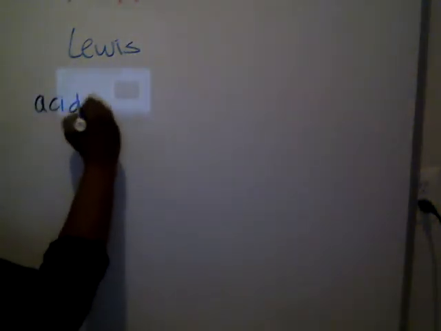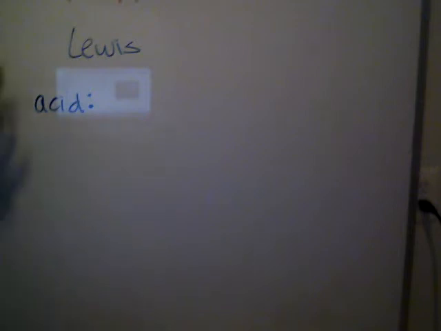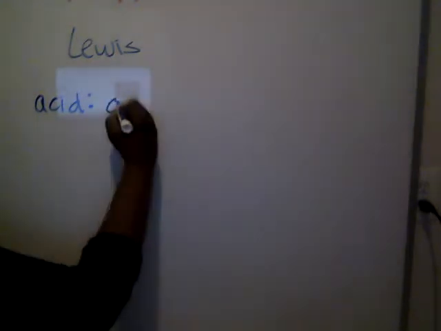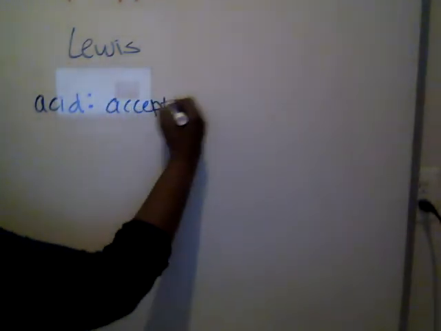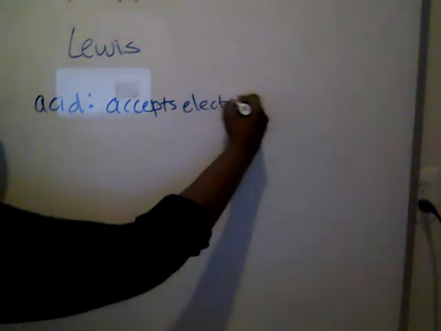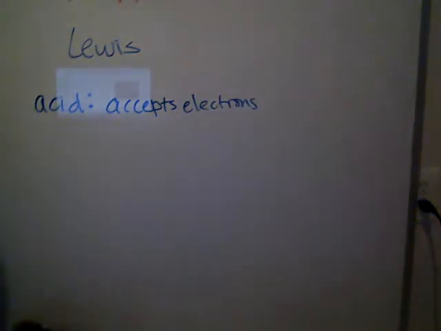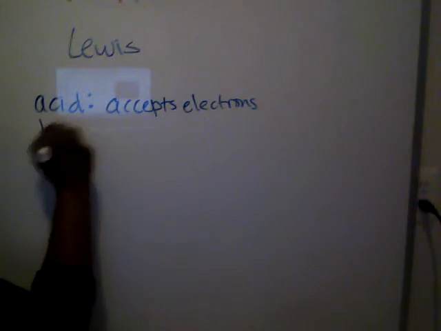So lots of his theories are based off of how electrons are transferred. A Lewis acid is going to be something that accepts electrons. So these don't have to do with hydrogens. Lewis's definition is all about electrons.